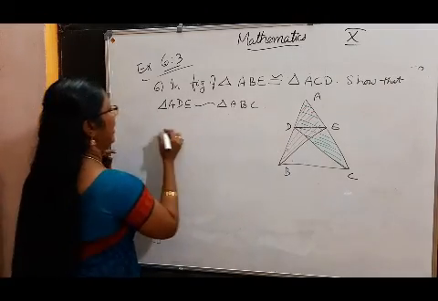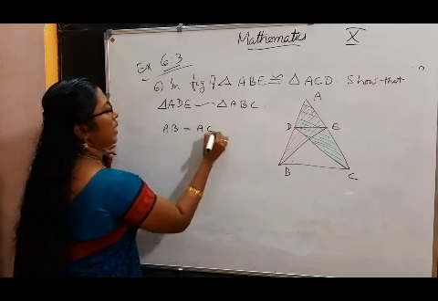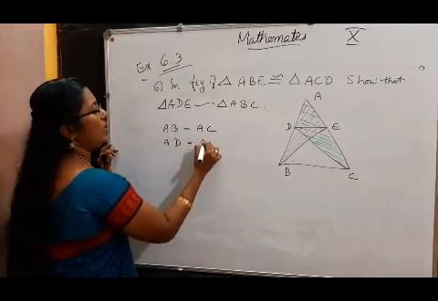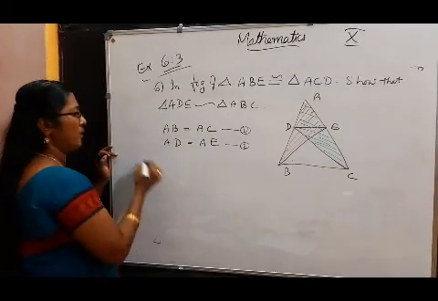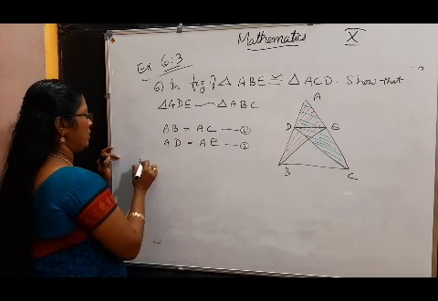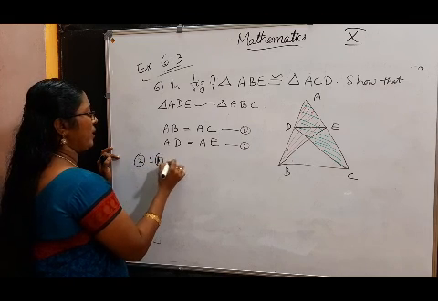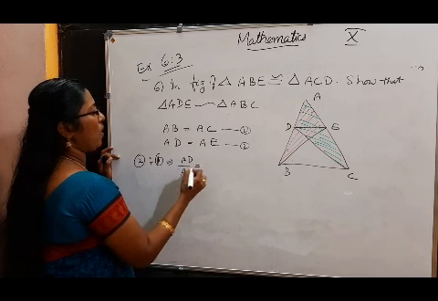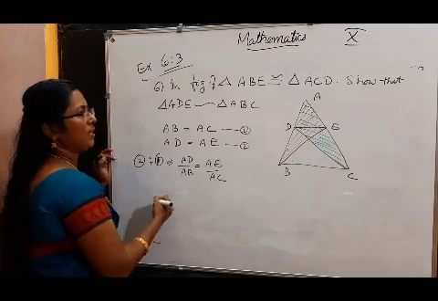So we can write AB equals AC and AD equals AE. This is 1, this is 2. Then dividing 2 by 1 implies AD by AB equals AE by AC.